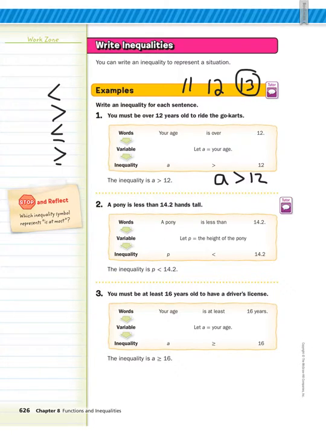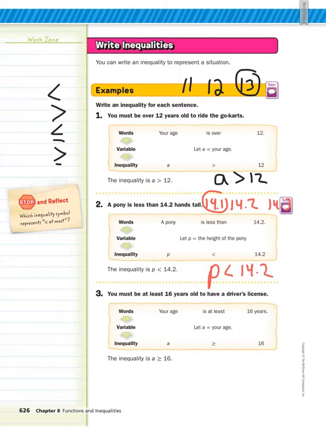So if I were doing my numbers, if I had 14.2, over here I would go 14.1, and over here I'd go 14.3. So, to be a pony, it has to be less than 14.2. So, the height of the pony, we'll use P, must be less than 14.2.